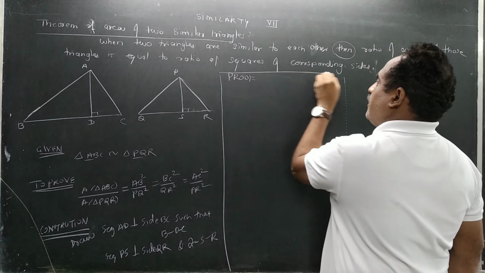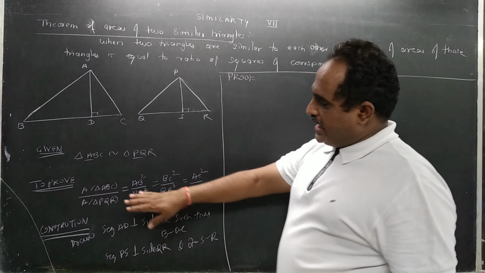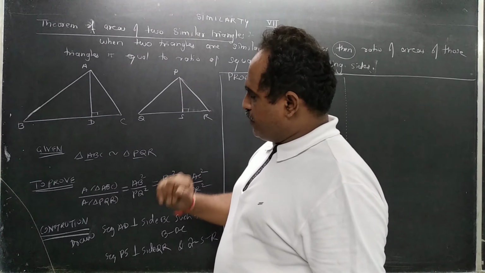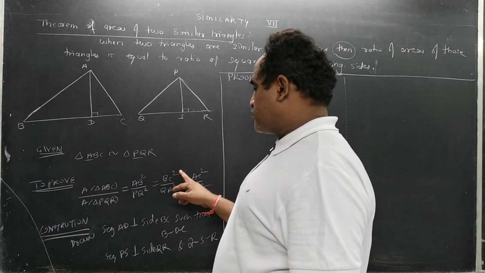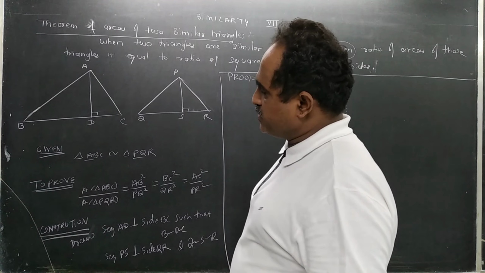Okay, so the proof. First of all, we have to prove that area of triangle ABC upon area of triangle PQR is AB square upon PQ square, BC square upon QR square, AC square upon PR square. So what is given to you? That we will write first. Triangle ABC is similar to triangle PQR. This is given.